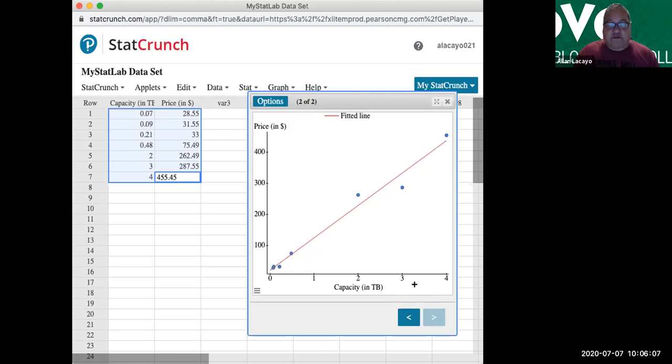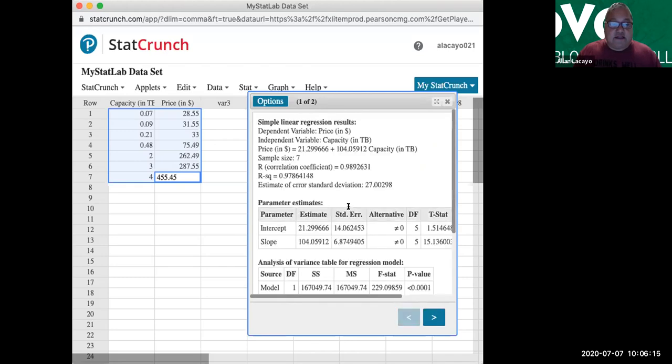So you want to check for nonlinearity, outliers, and unequal spread. If those three types of problems are not present, then your regression is going to show a very high correlation where you can explain price very well.